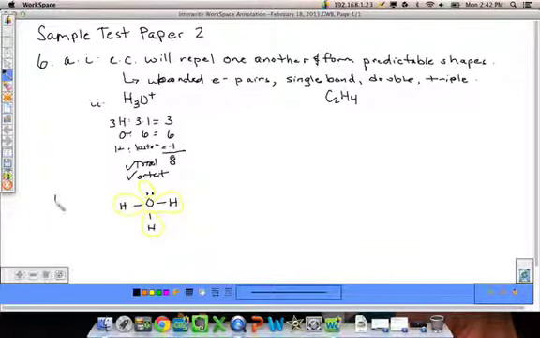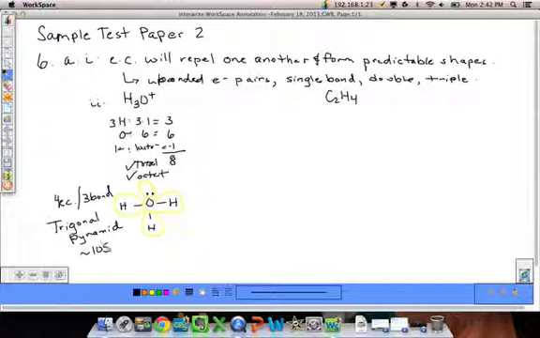Whenever I have 4 electron clouds, but only 3 of them are bonds, it means that I have a trigonal pyramid shape. And the bond angles are right around 105.